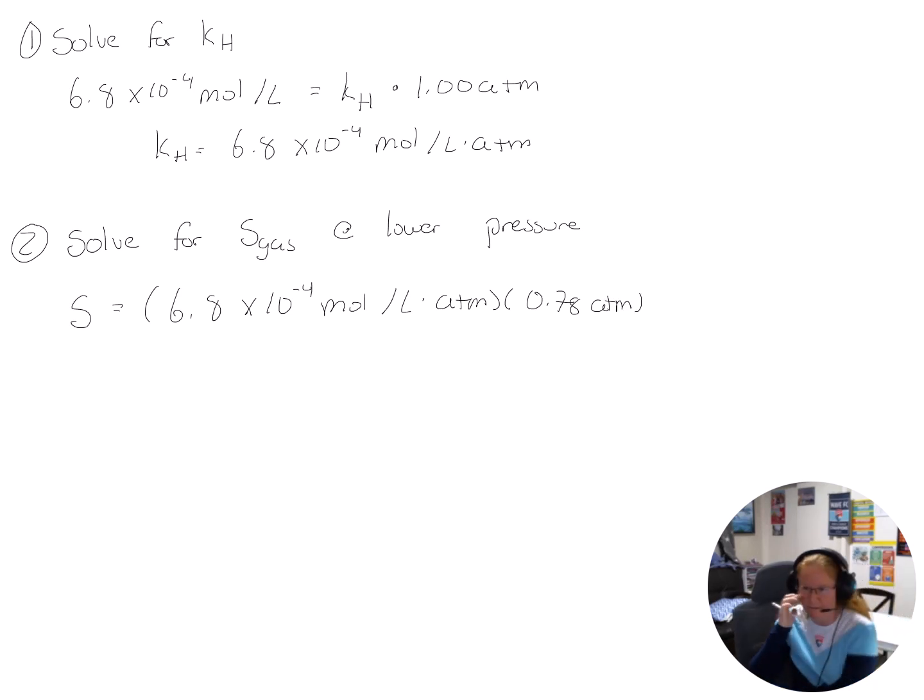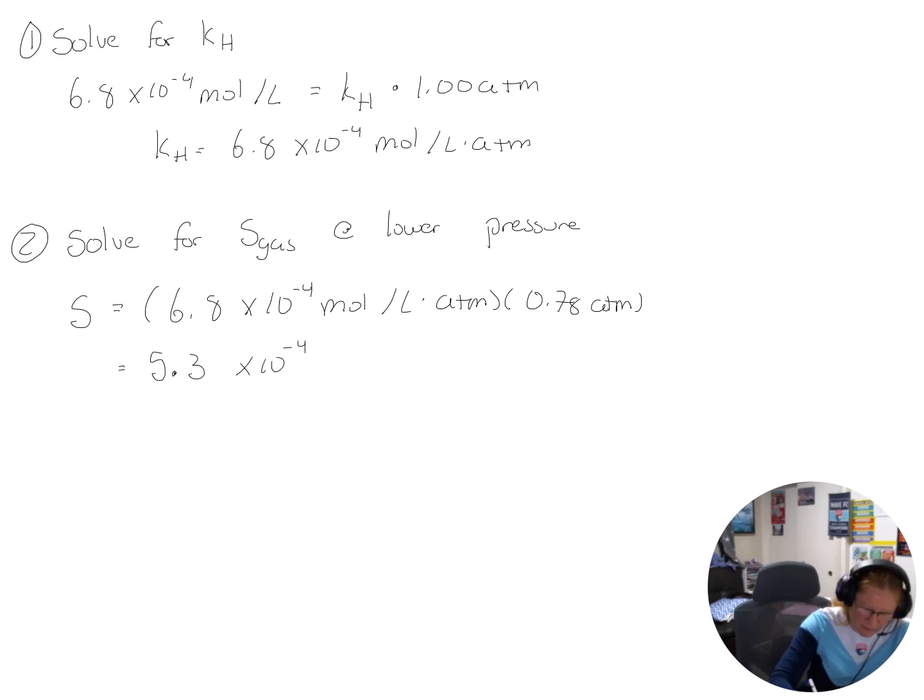Okay, so we've decreased the pressure. So what do you think is going to happen to the solubility? Let's see here. We're going to get 5.3 times 10 to the negative 4th molar. Did our solubility go up or did it go down? It went down, which makes sense because we lowered the pressure. All right, so that looks at our solubility.